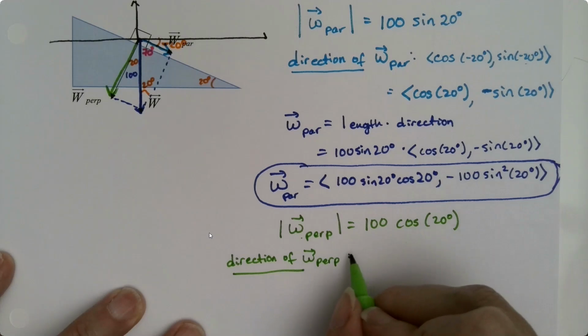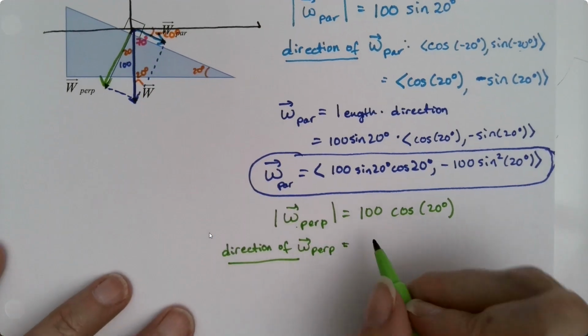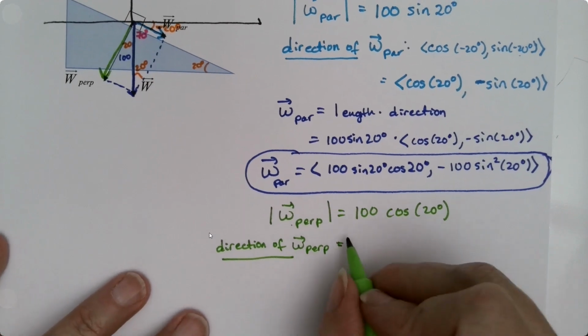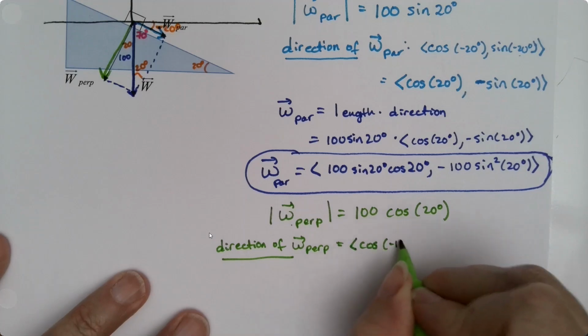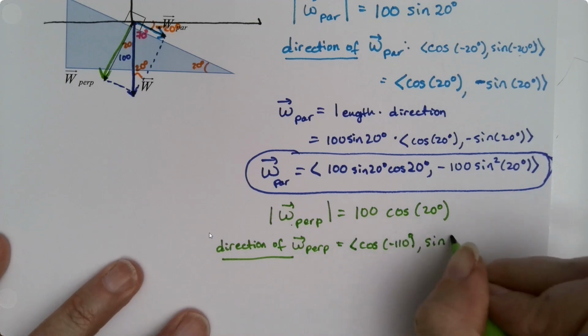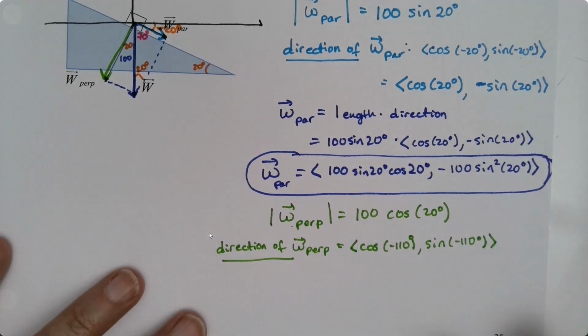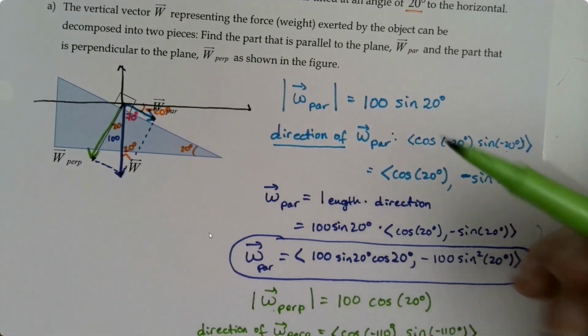Okay, so we can tell, chugging along, that's negative 110 degrees. So this would be the cosine of negative 110 degrees, comma, the sine of negative 110 degrees. But let's put a little bit more work into that.